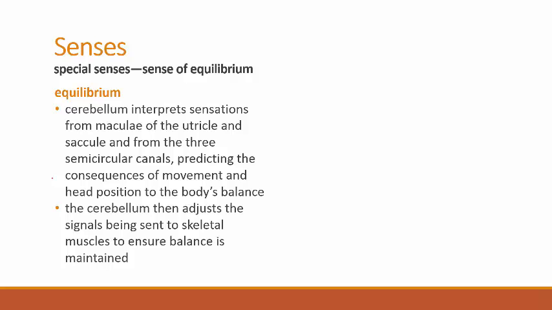So the cerebellum is busy integrating all of the information that's coming from the inner ear to make predictions, and then to send information in advance to the skeletal muscles so that we're already responding as the body is encountering whatever it's in its pathways.